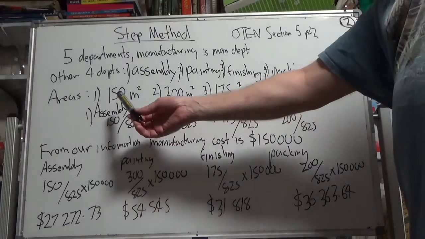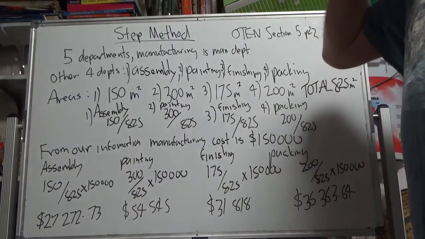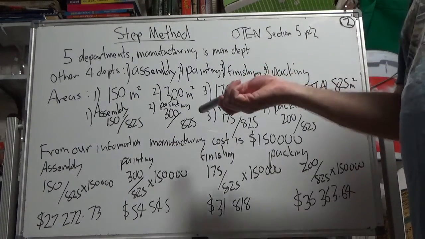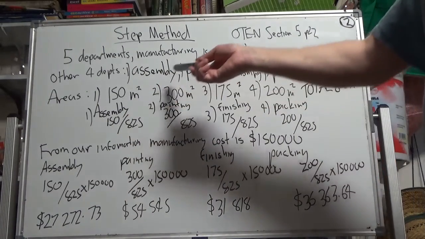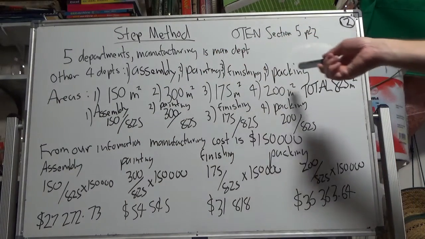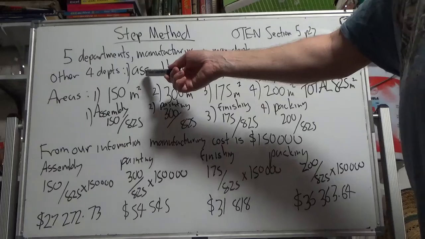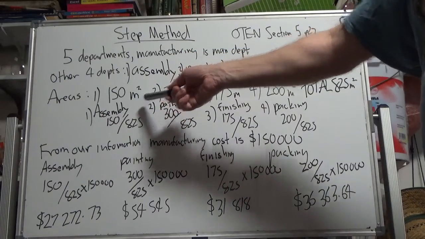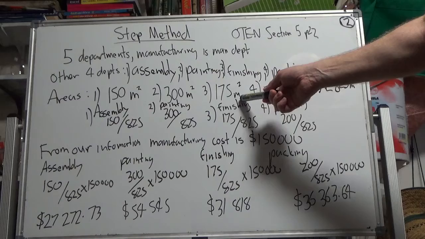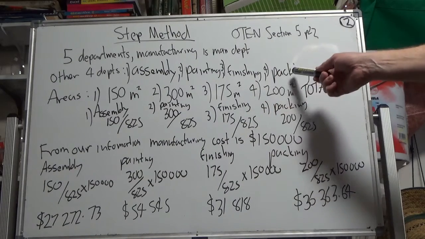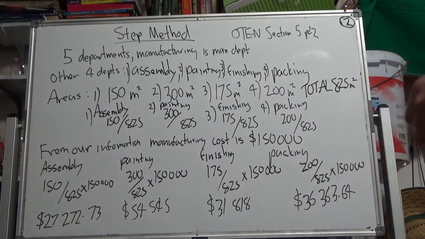So O10 just said, not the same figures as their example, but they said divide up the area space in square meters of all these departments, right? So assembly is 150 metres squared, painting is 300 metres squared, finishing is 175 metres squared, and the packing department is 200 metres squared.